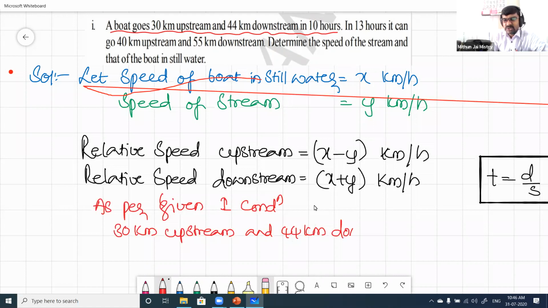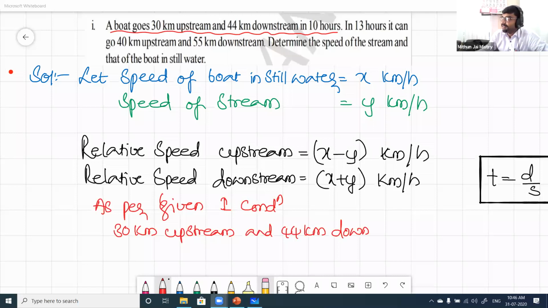If you write, I forgot to disable that. I thought that children are day by day becoming good, no? Yeah. So 44 kilometer downstream in 10 hours.